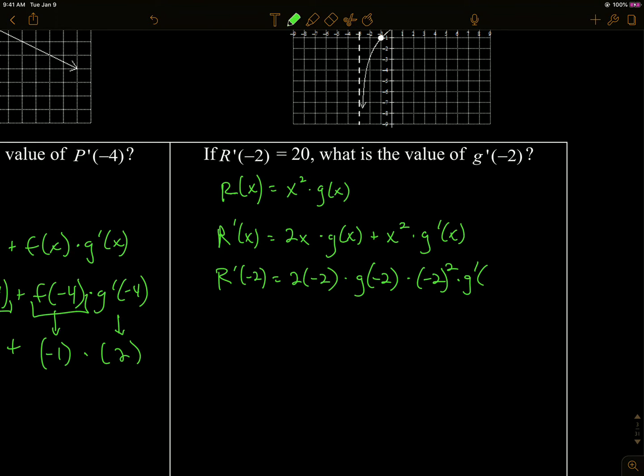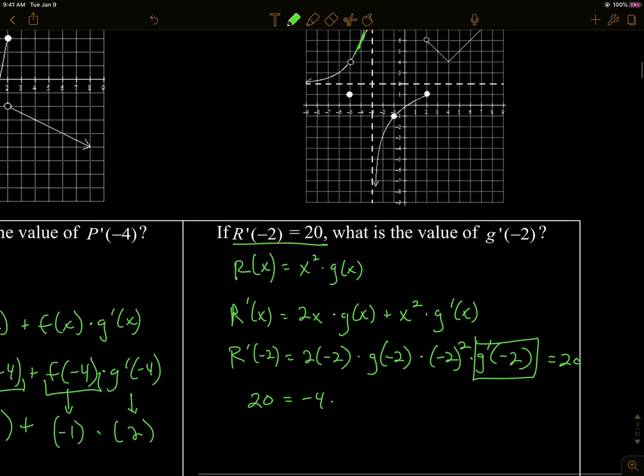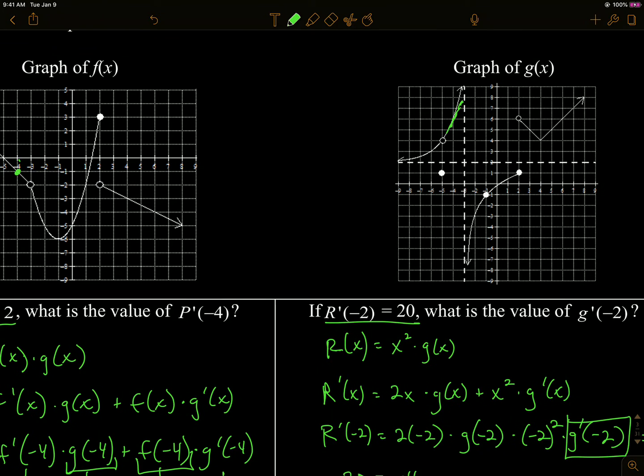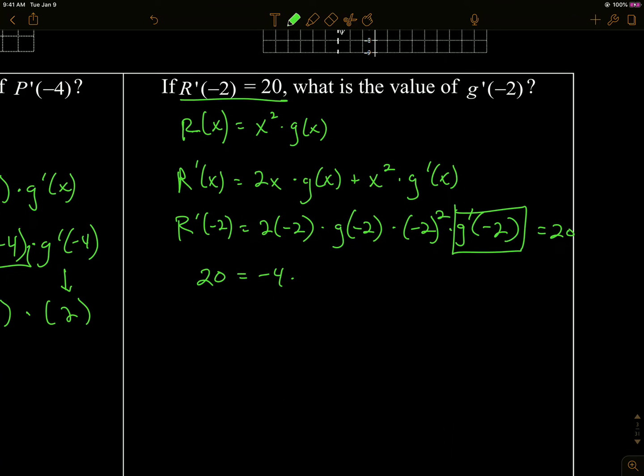And they're asking me what is g prime of negative 2. So this is like my variable. I'm going to solve for it. Now, meanwhile, I know this whole thing is equal to 20 because they told me that up here. So I'm just going to write it over here. 20 equals, and I'm going to do the simplification as I go. Negative 4 times g of negative 2 I can grab off the graph of g. At negative 2, it looks like our y value is negative 3.